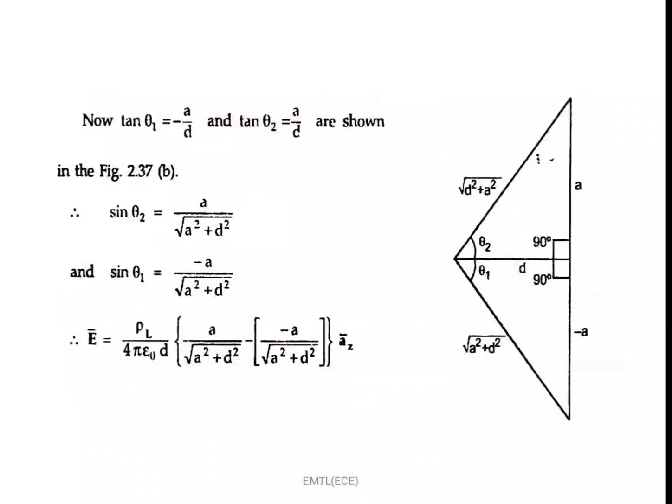Then by using the Pythagoras theorem, in this triangle tan theta 1 is there, with opposite side a and adjacent side d, then the hypotenuse is the square root of d square plus a square. Now from these right triangles, by substituting the tan theta 1 and tan theta 2 values, we can easily determine the sin theta 1 and sin theta 2 values.